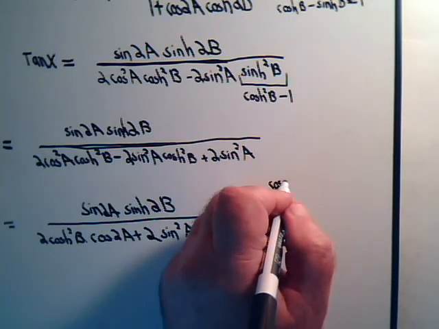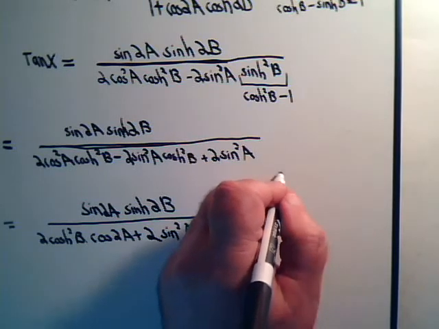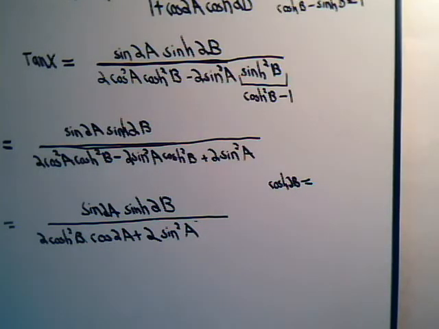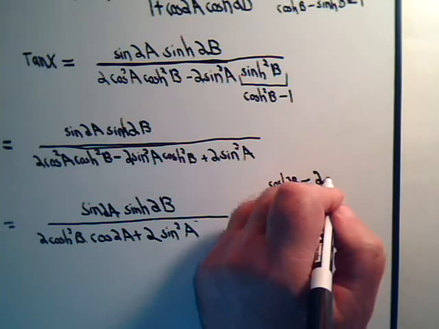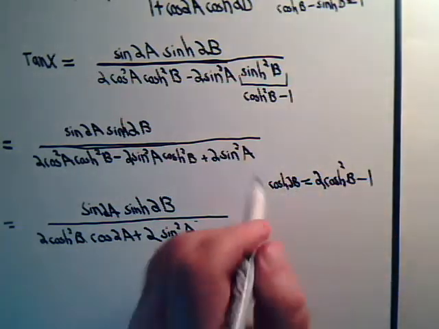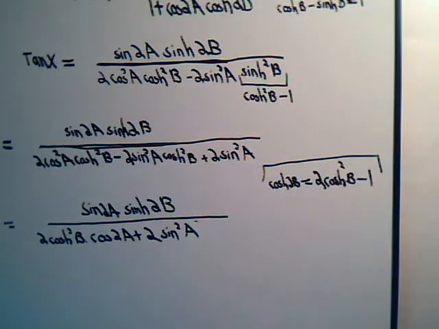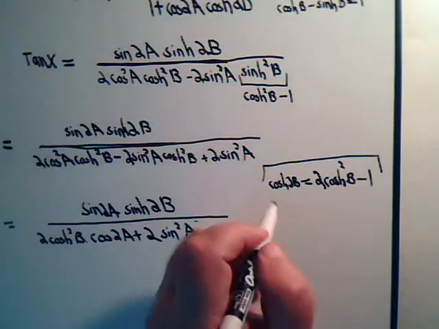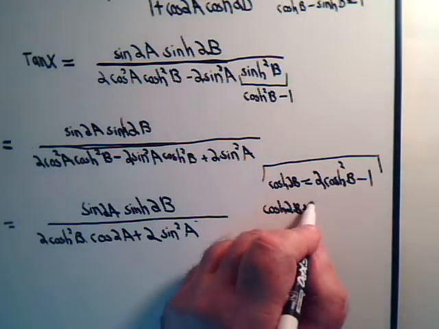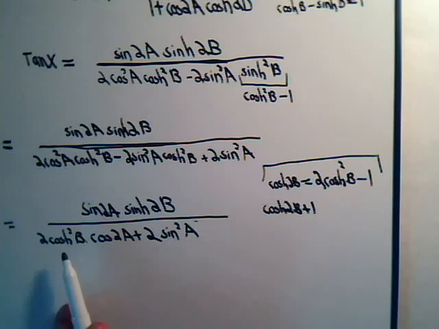One of them is 2 times hyperbolic cosine squared of b minus 1. Like this. And so if we have this, the hyperbolic cosine of 2b plus 1 would equal this. So let's see where that takes us.